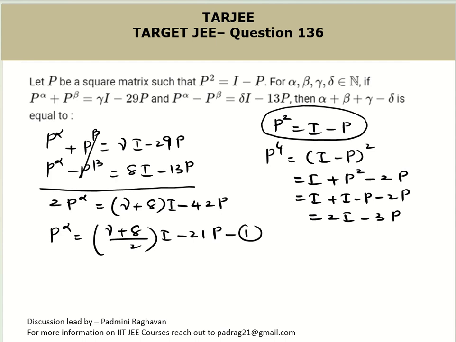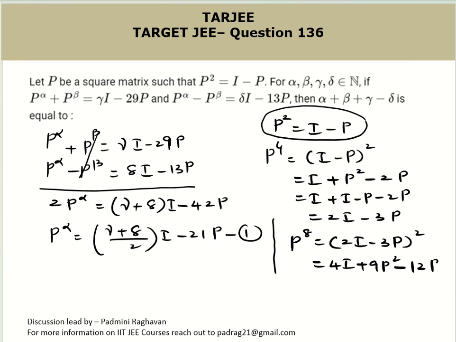But we are looking for a 21P, so let me square this equation again. I get P power 8 is equal to (2I minus 3P) the whole square, which gives 4I square, which is 4I, plus 9P square, minus 2 times 2 times 3, which is 12IP, which is 12P.